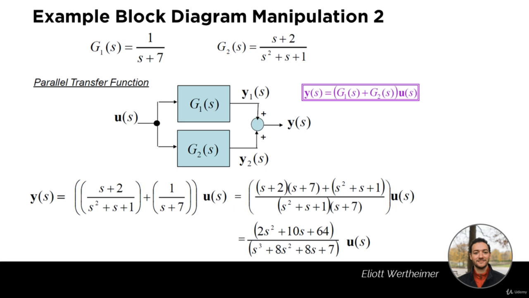Then you can just plug in the transfer functions, develop everything, and you will eventually get that the transfer function for the whole system, Y(s) over U(s), is equal to (2s squared plus 10s plus 64) divided by (s cubed plus 8s squared plus 8s plus 7). As a little comment, you can also see here that the order of the numerator is lower than the order of the denominator, which is 3 here, while the numerator is 2, as it should be.